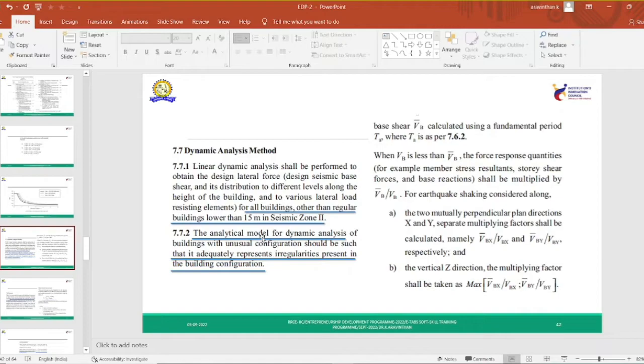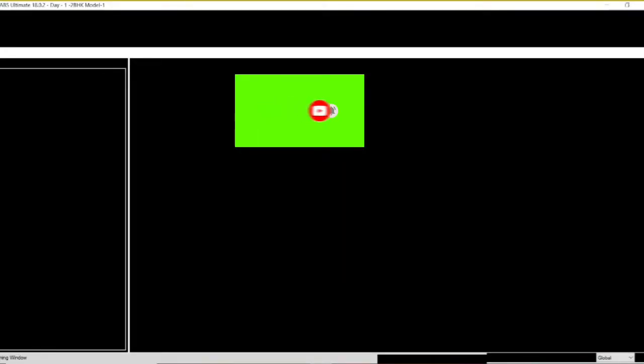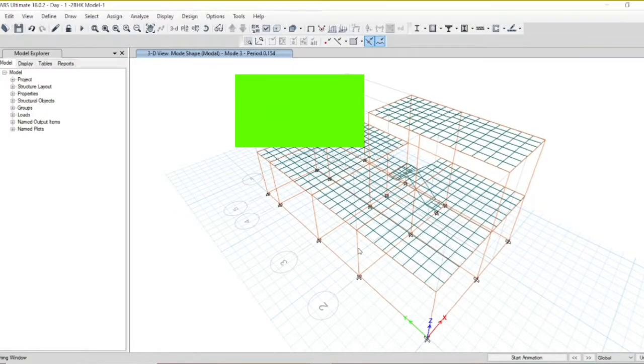The analytical model for dynamic analysis of a building should be such that it adequately represents the irregularities present in the building configuration. This clause identifies how well we model our structure when designing with this kind of software. Currently, we have not considered certain things. What are they?